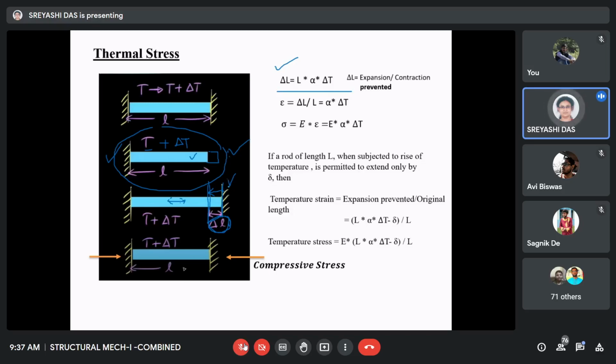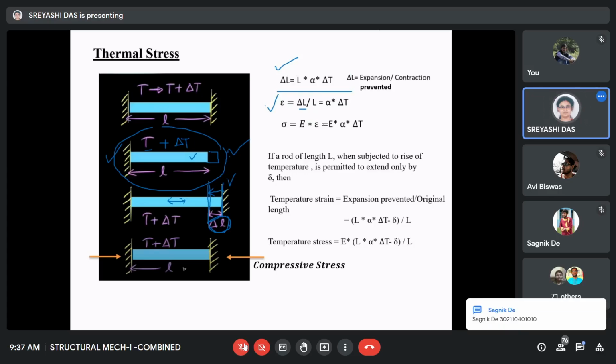Whenever we provide a support here to restrain the elongation, this support is providing a force which is creating a strain of delta L by L, where capital L is the original length and delta L is the extension which it is trying to prevent.